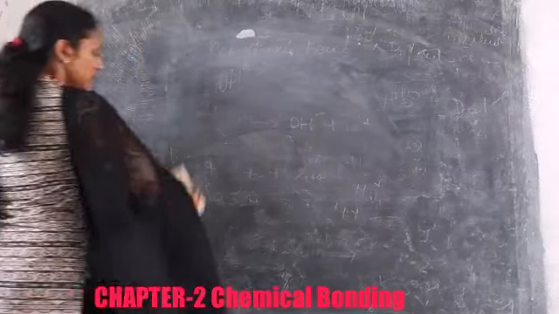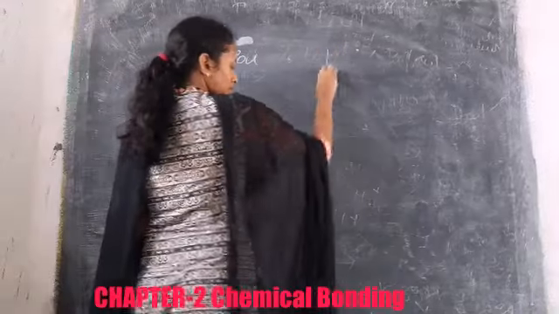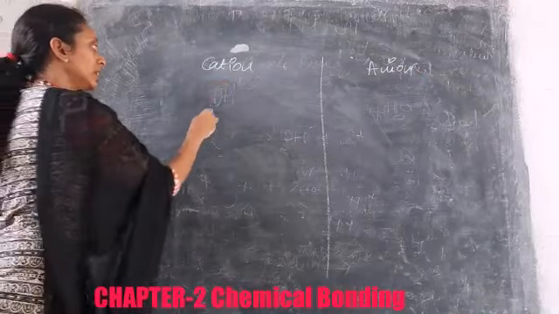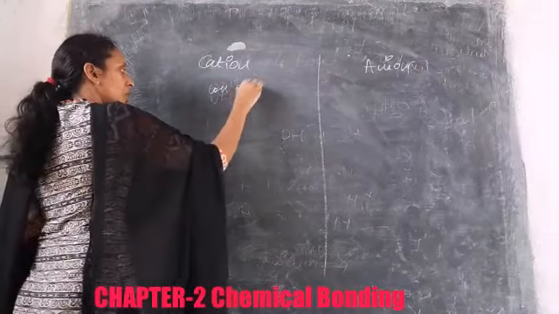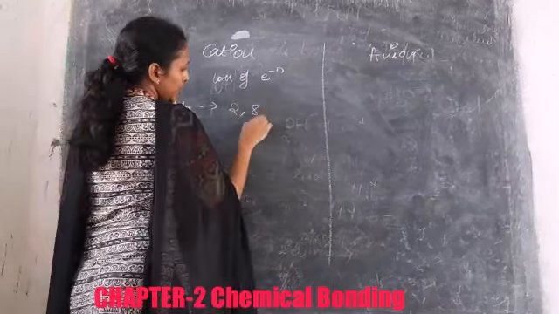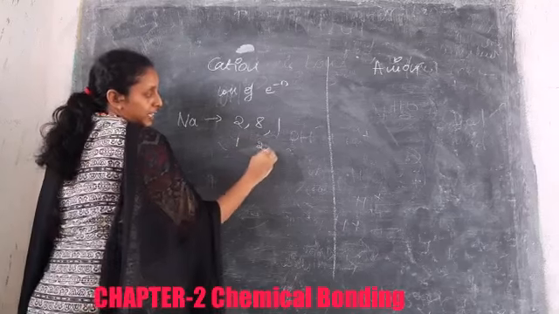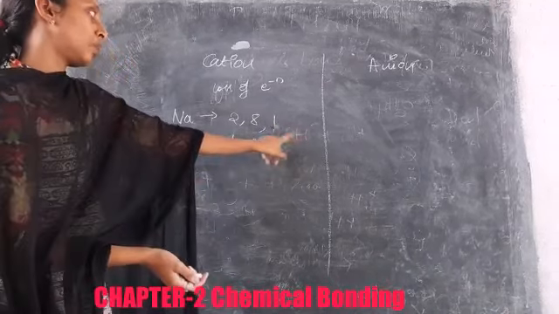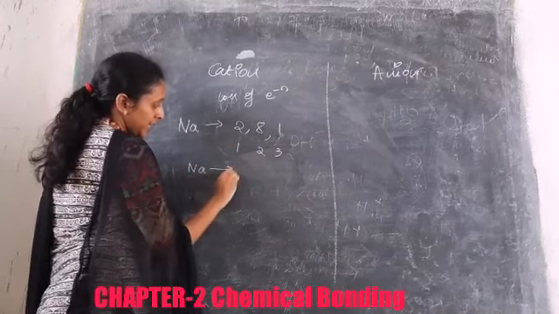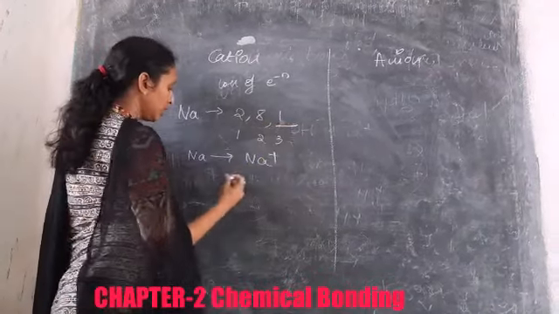Now, we say cation and anion, right? In a cation, there is a loss of electron. For example, if you take Na, the electronic configuration is 2 8 1. So here first shell, second shell, third shell. The loss of electron is 1 electron. If we remove it, it becomes stable, so Na becomes Na plus.